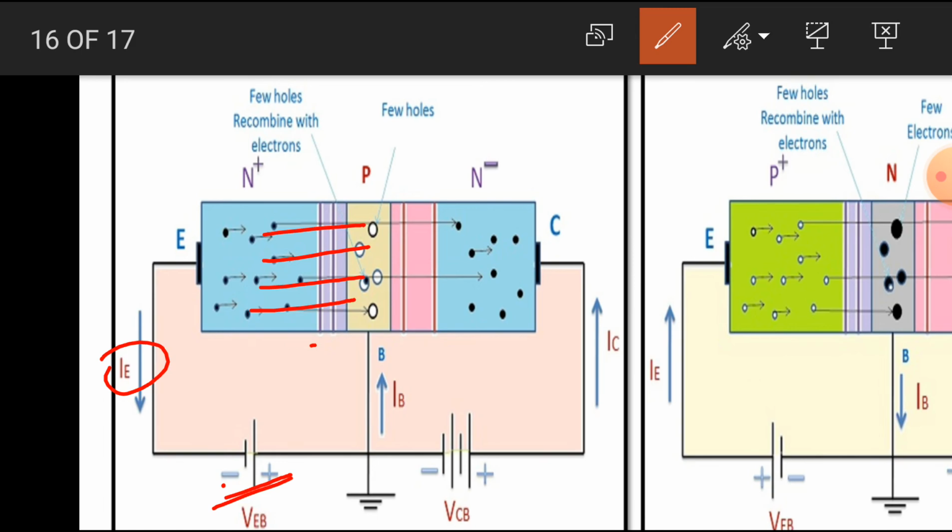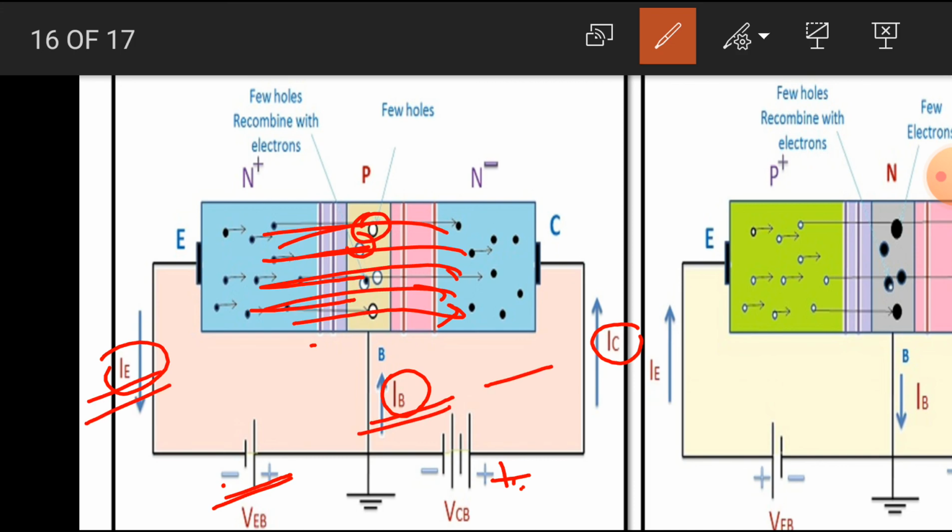But the base area is very thin and lightly doped, hence a very small number of electrons are recombined with the holes in the p-type material to constitute base current, but the remaining electrons enter into the collector region due to attraction of this positive terminal. Hence, a large number of electrons enter into the collector to constitute the collector current. That means the emitter current is the sum of base current and the collector current.